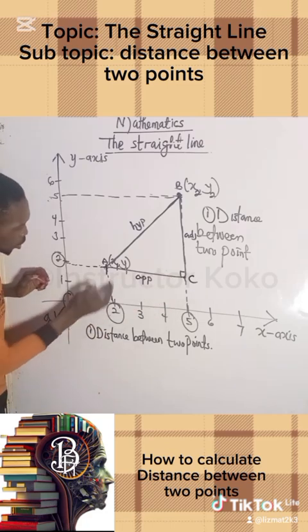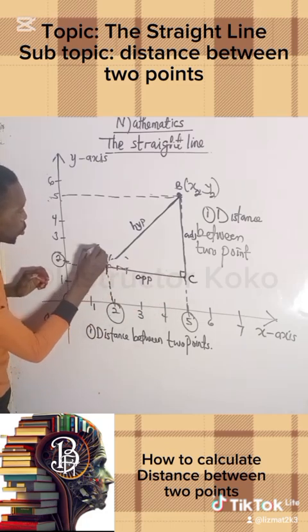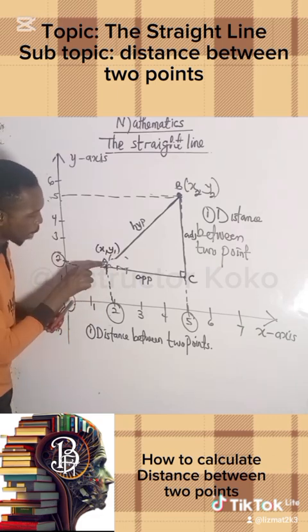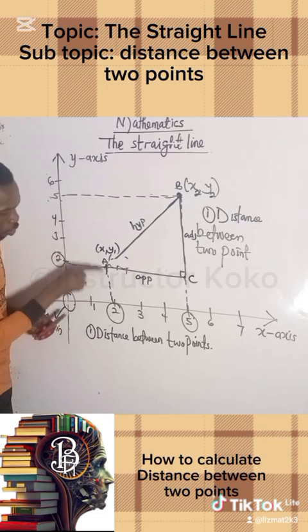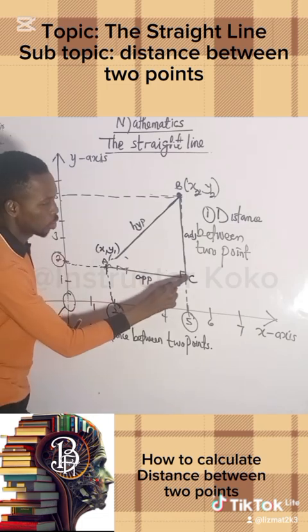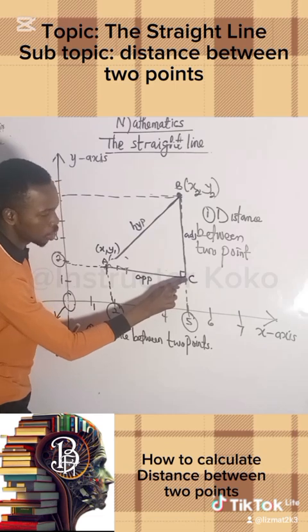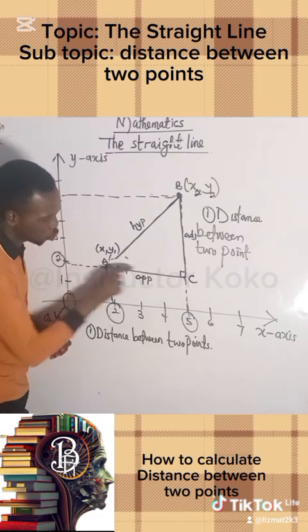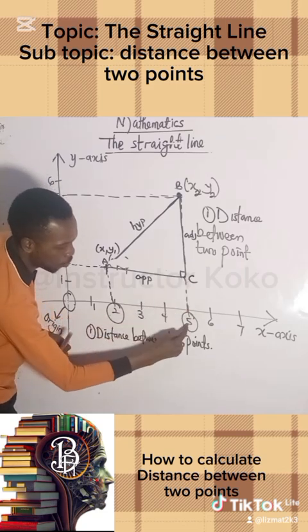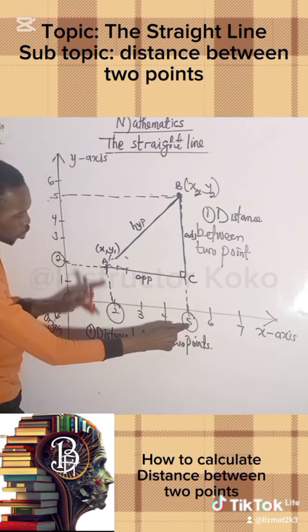Don't forget that my point A has x1, y1. Now, my point A here, the x coordinate is x1. And this point here, I want to find the distance between this point and this point here. If you look at these coordinates, I'm having 5 here and 2 here.